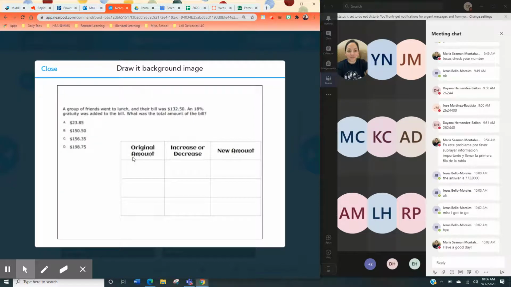What was the total amount of the bill? So, when we're talking gratuity, is that an increase or a decrease? It's an increase. So I want everyone to go ahead and work out this problem.